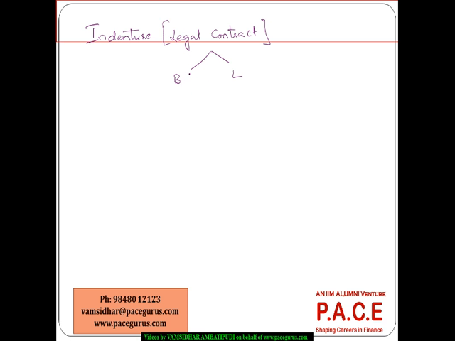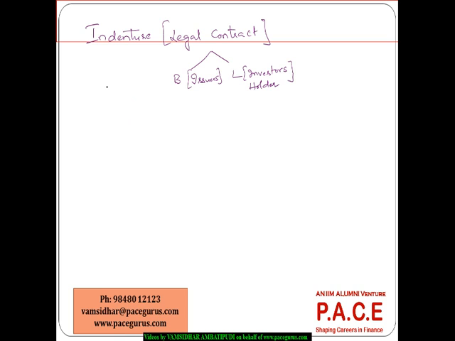In the case of bonds, we call it a contract between the issuers of the bond and the investors of the bond. The roles are more or less the same. The issuer plays the role of the borrower, and the bond investor or bondholder plays the role of the lender.